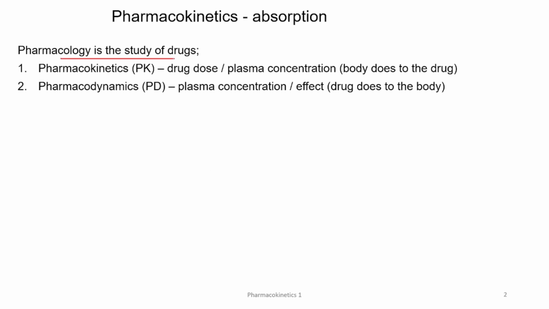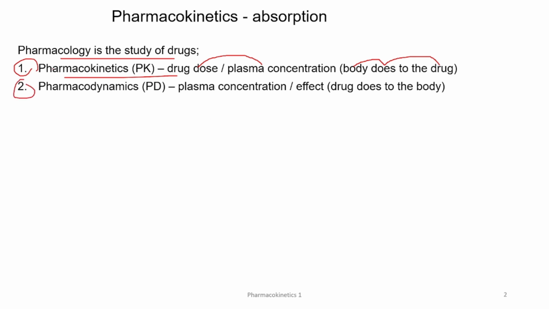Pharmacology deals with the study of drugs under two different components: the kinetics, which is all about the relationship between the drug dose and the plasma concentration, also known as what the body does to the drug after administration, which is absorption, distribution, metabolism, and excretion.